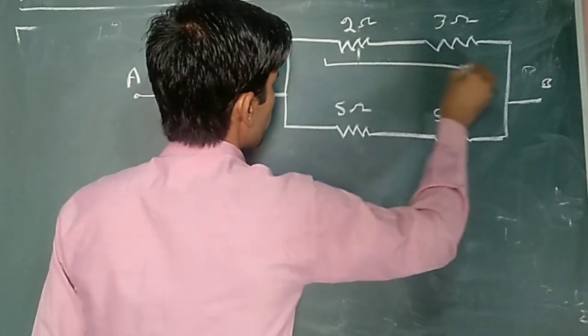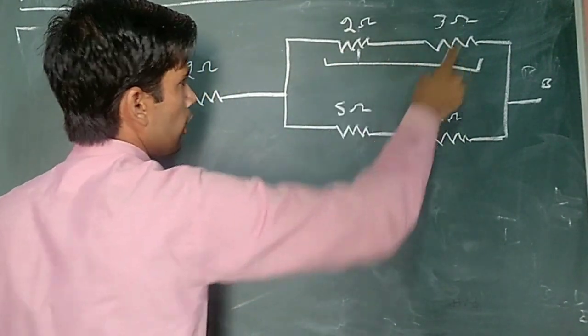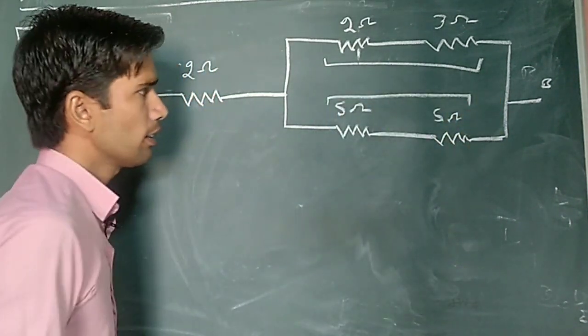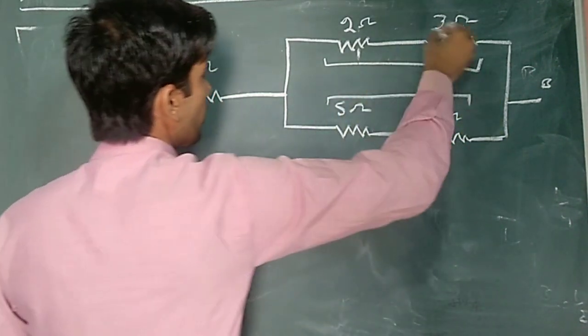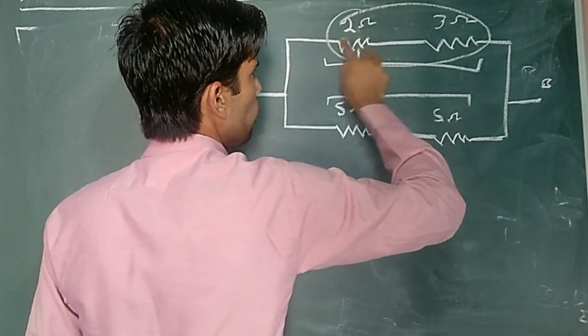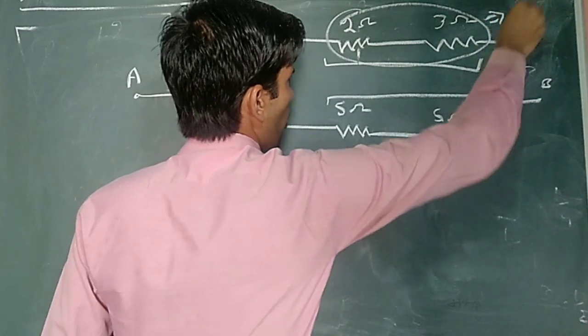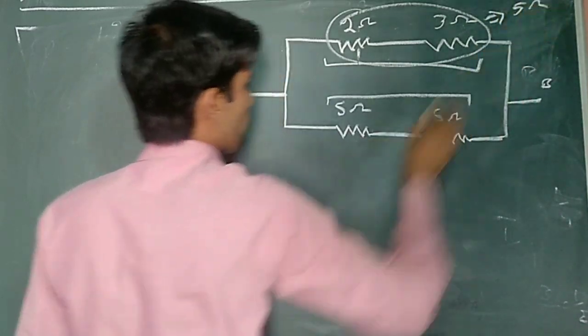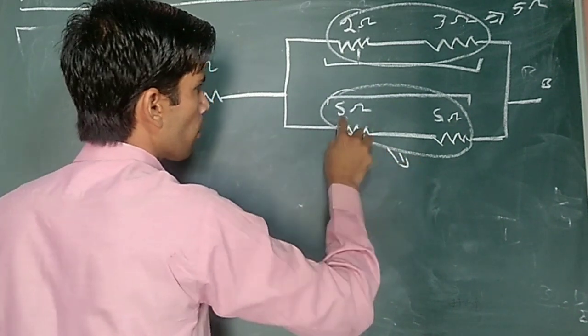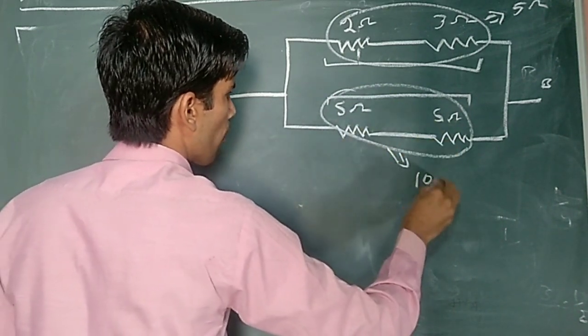Clearly these two resistances 2 ohm and 3 ohm are in series, and the two 5 ohm resistances are in series. The net effective resistance of this part is 2 plus 3, which means 5 ohm, and for the other part we take 5 plus 5, which is 10 ohm.